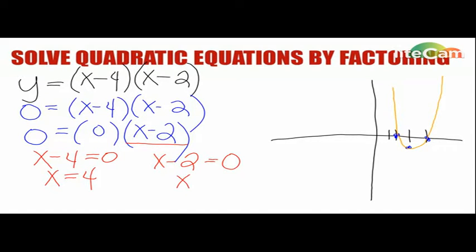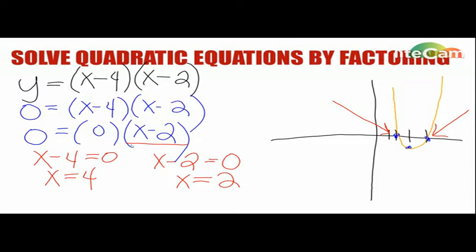The same thing happens with x minus 2. If I made the other side into a 0, I'd have to say x equals 2. So I could use either factor. Remember, factors are things that are being multiplied.